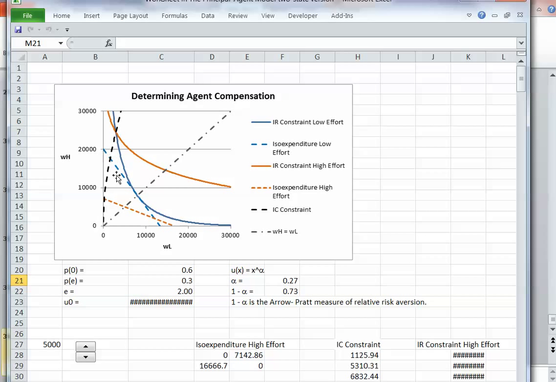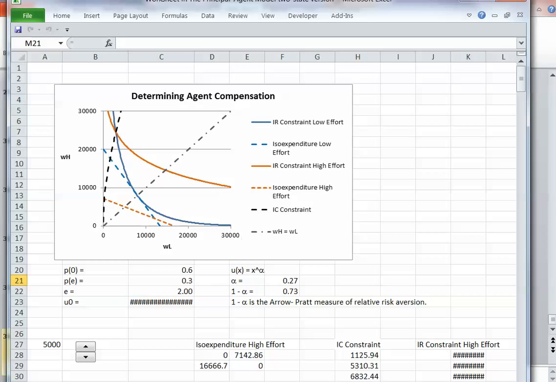This is an ISO expenditure line at low effort, and its tangent, let's ignore that point, it's tangent at the certainty point. This is an indifference curve for the high effort case where the indifference is to the outside option after taking effort.